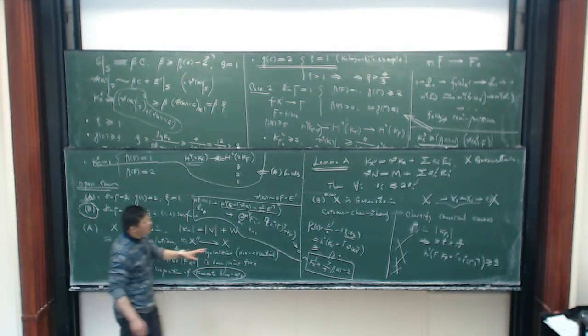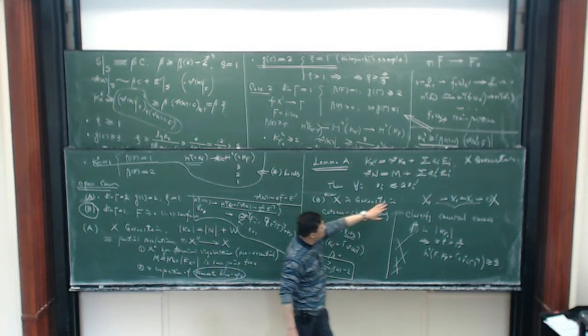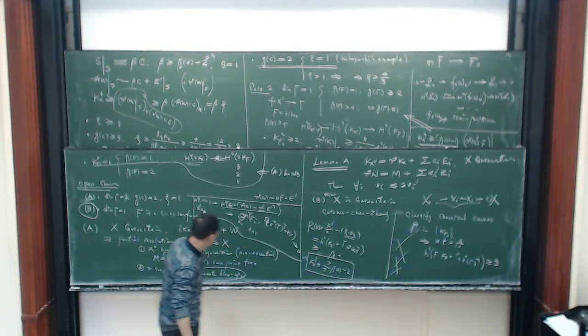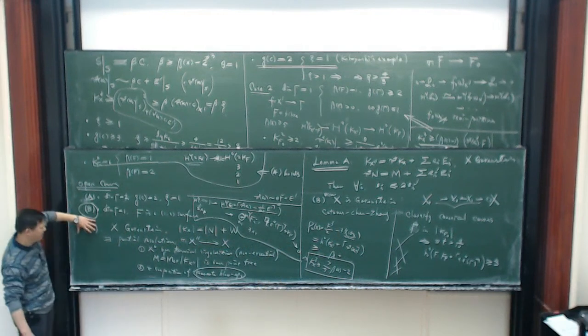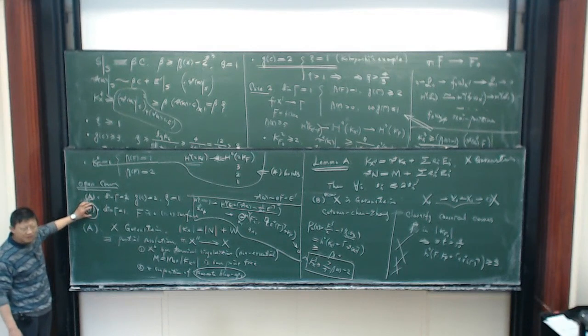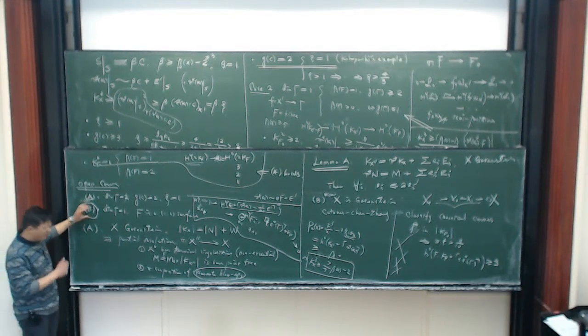Because this is non-Gorenstein, this divisor is more difficult because this is only rational numbers. So maybe there is some complexity. But anyway, we have written down this for non-Gorenstein. For case B, this is still challenging for us.